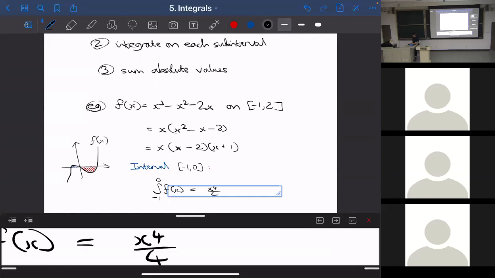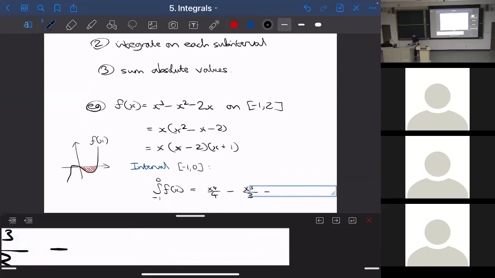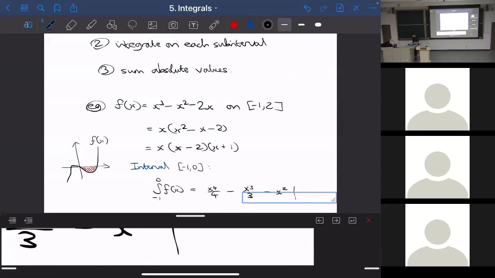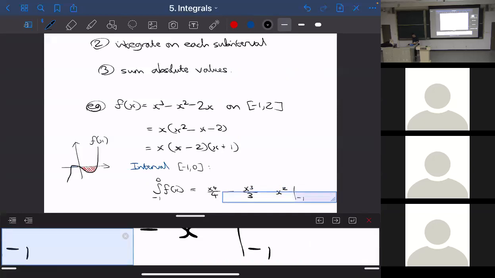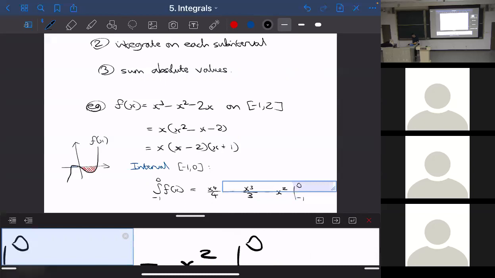If I differentiate that, the 4's cancel and I get an x to the 3. For x squared, I can take x to the 3 over 3 because the 3's cancel and I get an x squared. And for 2x, I can take an x squared. And then the limits, minus 1 and 0.